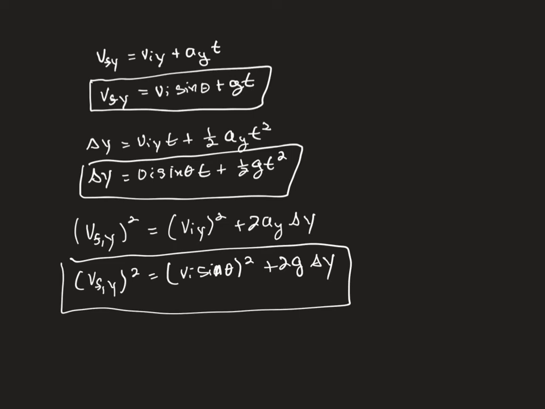Let's see, there should be one more. Delta y equals 1/2 times the quantity v initial in the y plus v final in the y times time. And I can sub in the initial sine of theta plus vy times t.